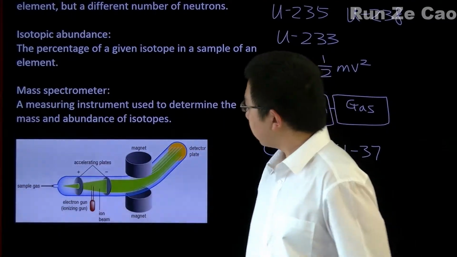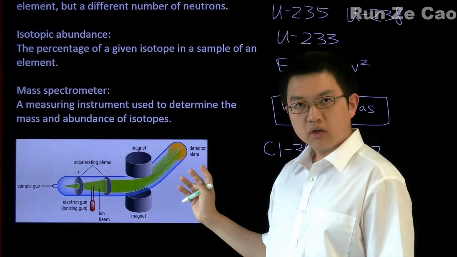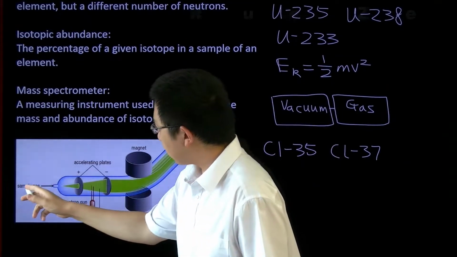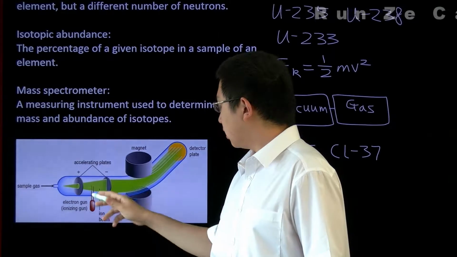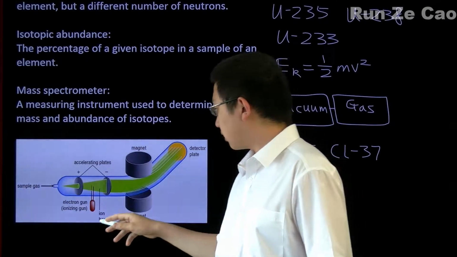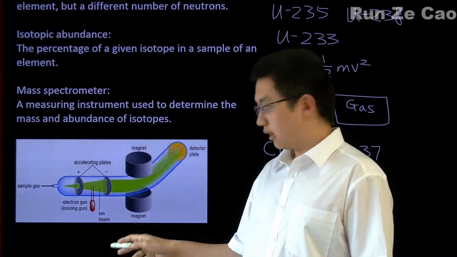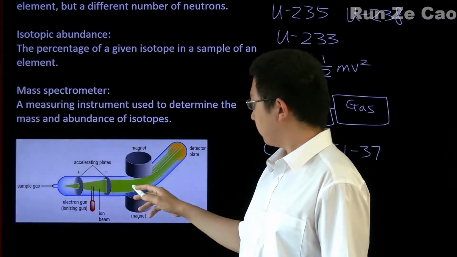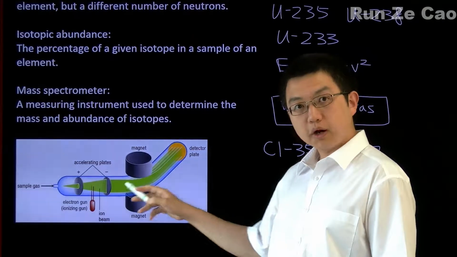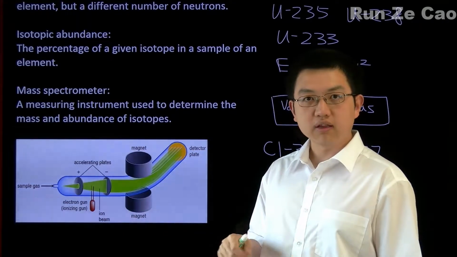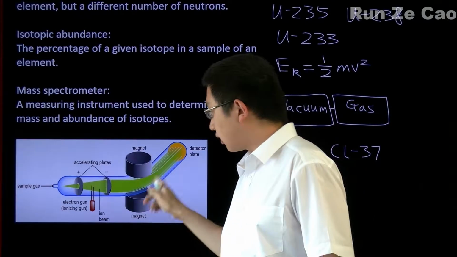Now, how do they actually analyze these? Well, they use a mass spectrometer. So with this thing, you take a sample gas, you inject it here, it gets accelerated through metal plates, and there's an electron gun that ionizes the gas. And by here, it's an ion beam. So passing ions, charged particles, through a magnet makes it exert a force on these ions. Now, you learn this in physics.